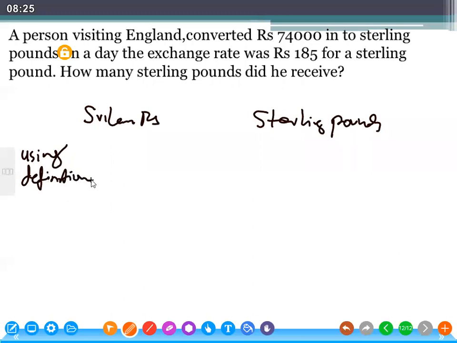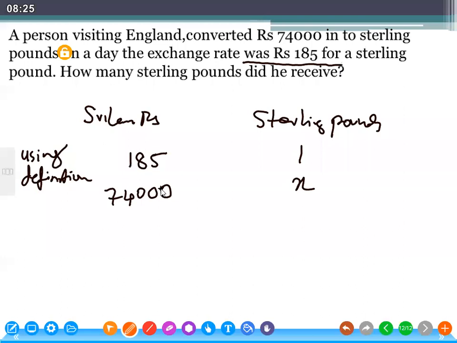One sterling pound, the exchange rate is given. So one sterling pound is 185 rupees. You have to find how many sterling pounds, so the unknown term is x. The rupees is 74,000.